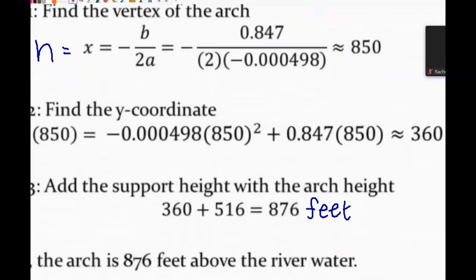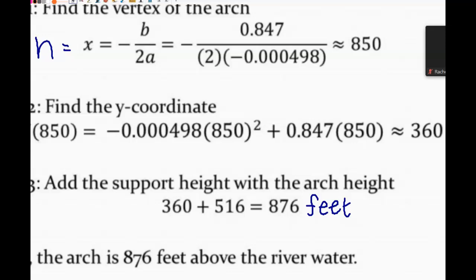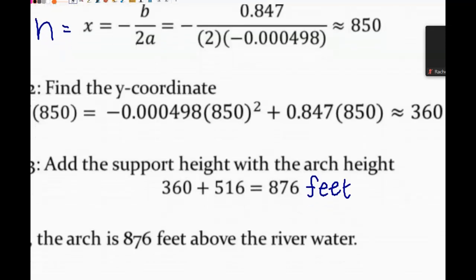Alright, so step 3, find the height of the arch. This is what I was saying, that arch height is actually the height of the bridge arch plus the height the arch is above the water. So the arch is actually 516 feet above the water.